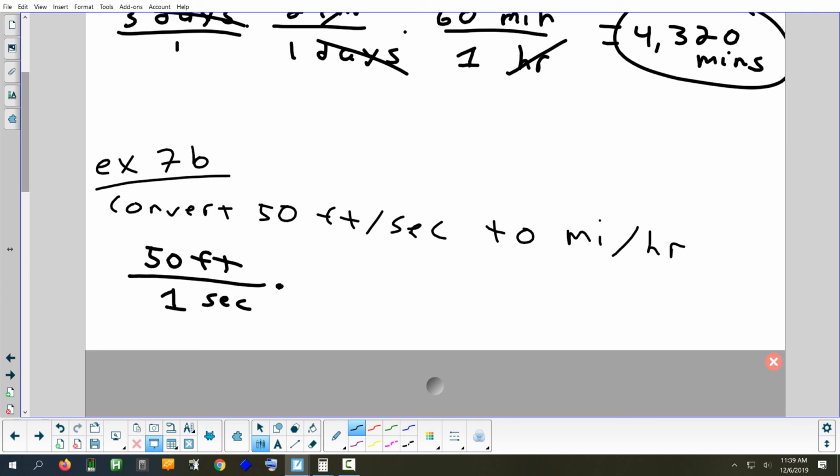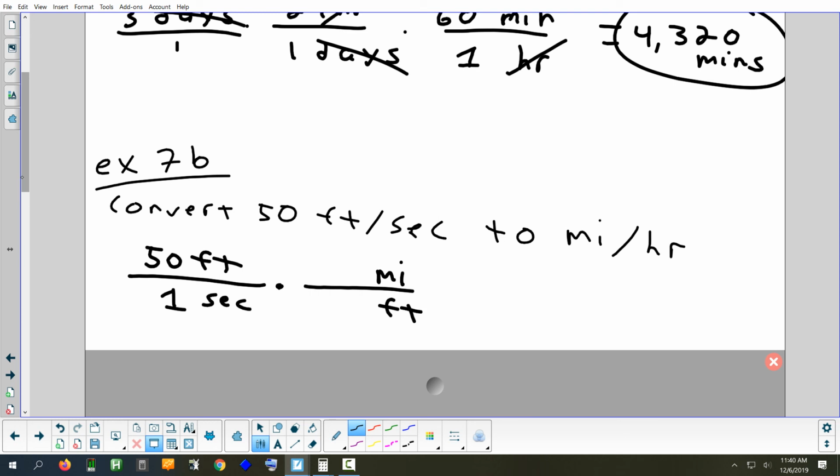We'll do feet to miles. So we're going to change feet to miles first. Even if you don't know the conversion, you should know where feet is going to go. Is it going to go in the top, or is it going to go in the bottom? Yeah, it's going to go in the bottom because we want it to cancel out. So miles is in the top.